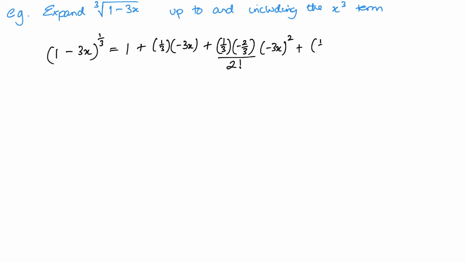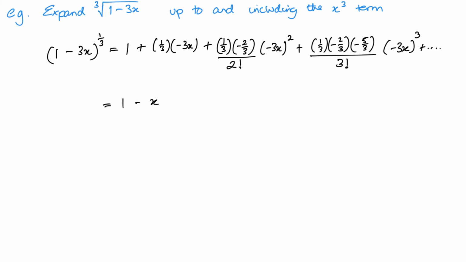And then I've got n minus 1, n minus 2, over 3 factorial, and then it is what would have been the x cubed. And now it's just a matter of simplifying and sorting out what I've got. So starting with 1, and then I've got 1/3 times negative 3x. So we can look in here, which is just going to give me negative 1x.